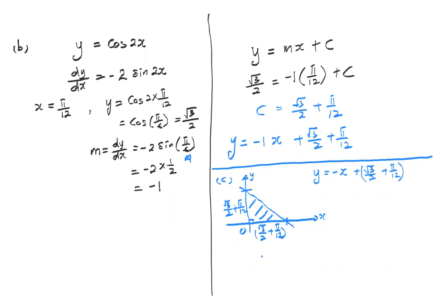So therefore, the area of the triangle is equal to half of base times height. Base and height are the same. So this is the exact value.